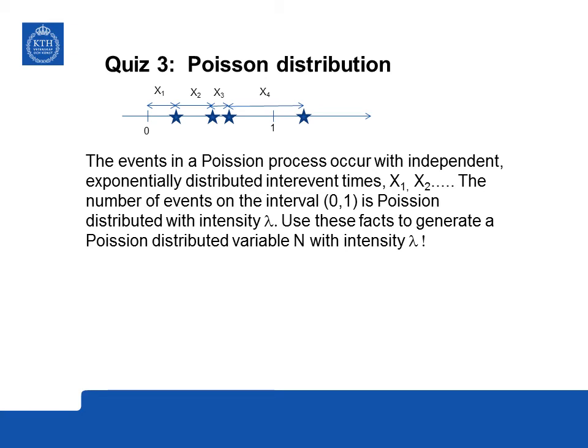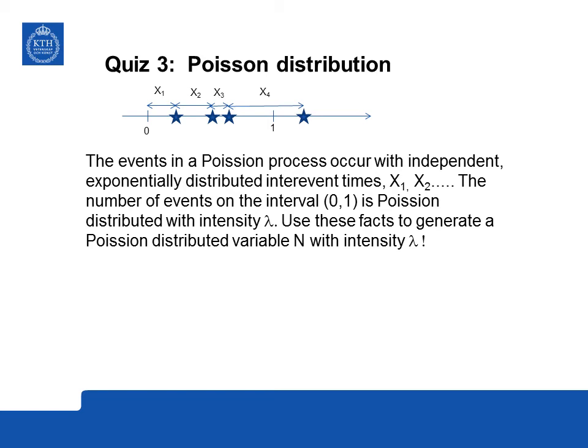And we know from the Poisson process properties that the inter-arrival times of these events are independent exponential distributed variables, X1, X2, X3, and so on. We also know that the number of events in a unit time interval [0, 1] of a Poisson process with intensity lambda is Poisson distributed with intensity lambda.